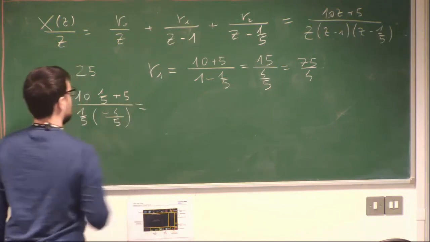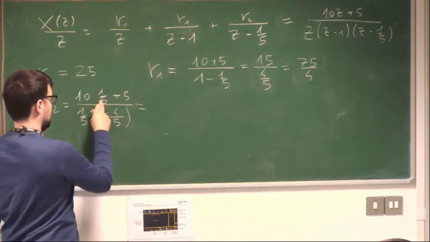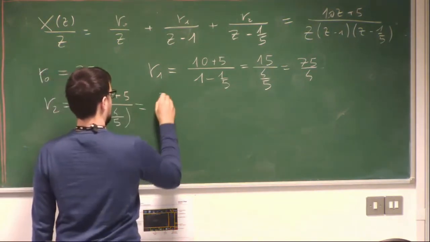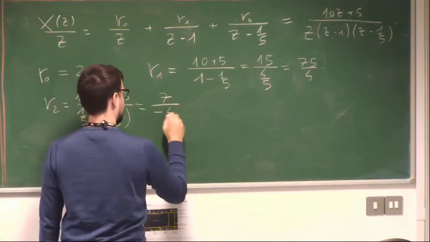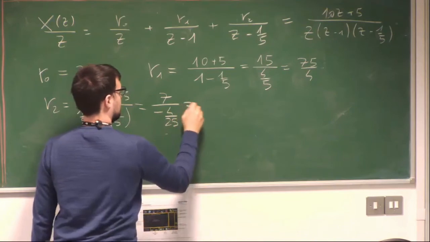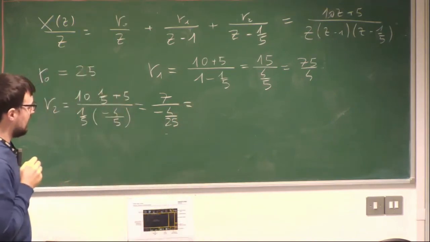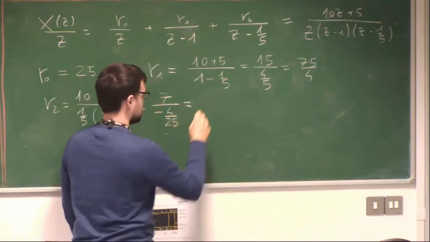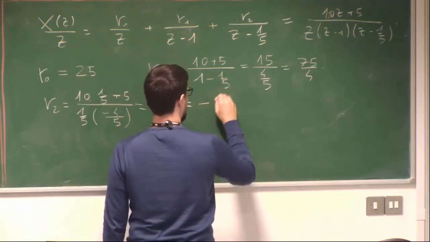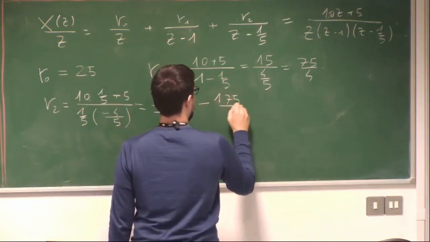So 10 divided by 5 is 2, so on the numerator it's 7, and here it's minus 4/25. So we have 25 times 7 divided by minus 4, so it should be minus 175 divided by 4.